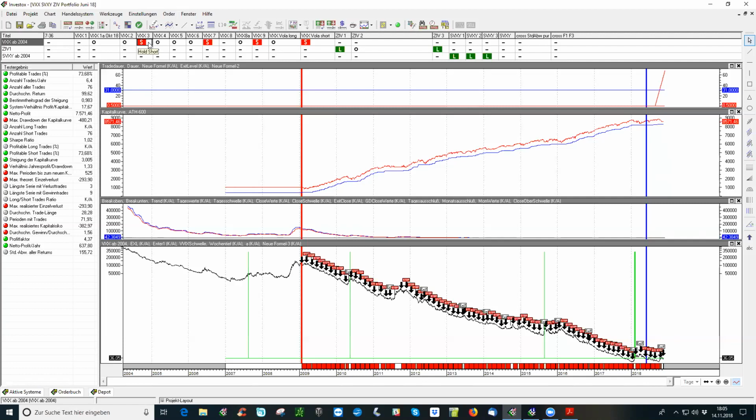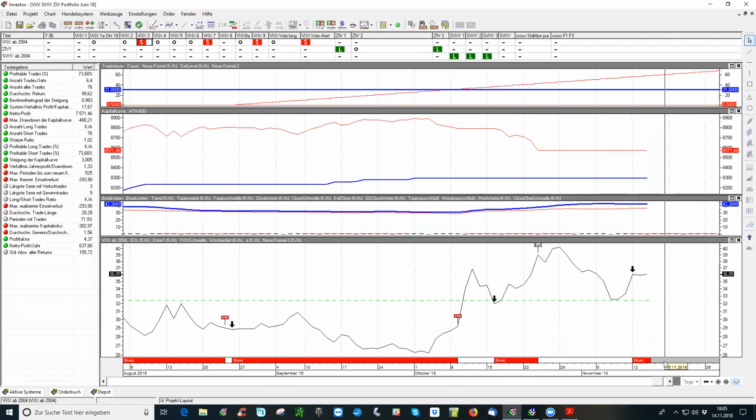So I will tell if there is a signal. For example, 2 days ago there was an entry signal. I told everybody there might be a signal, because I don't have a crystal ball. I can only tell there might be a signal.